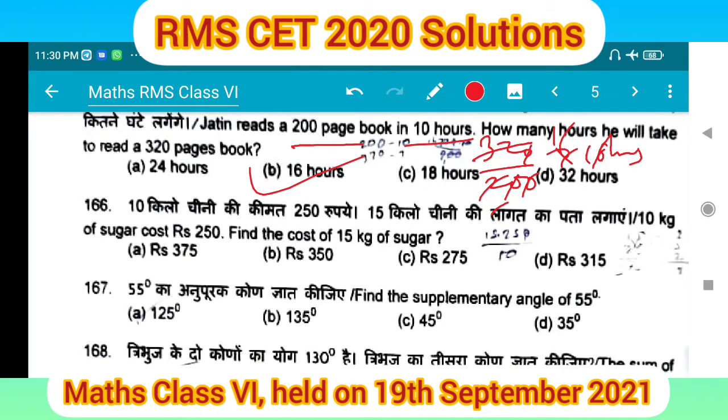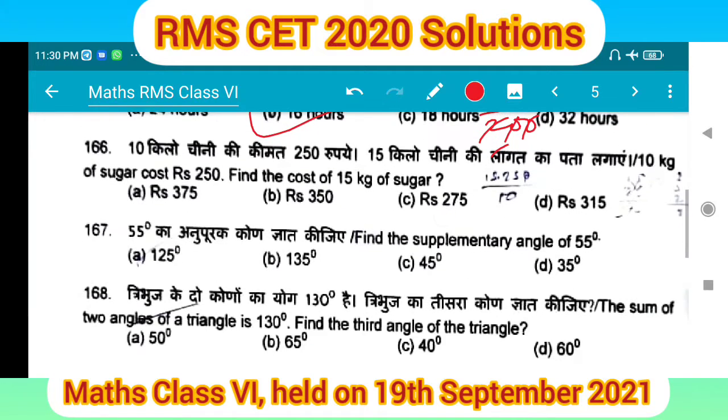Next, 10 kg of sugar costs rupees 250. It is also the unitary method. Find the cost of 15 kg. So 10 kg sugar is 250 rupees, 15 kg sugar how much?